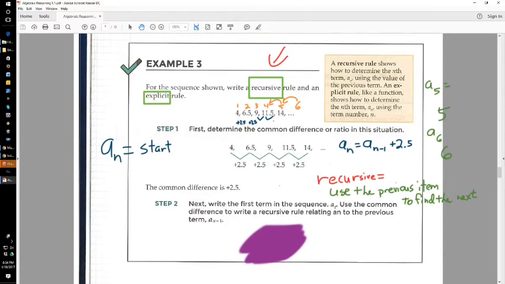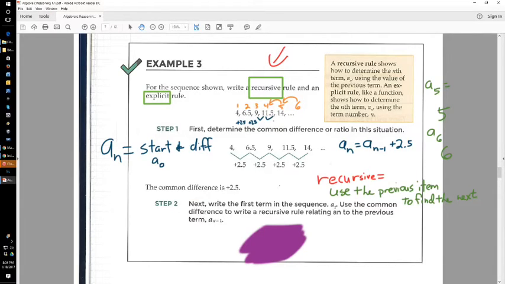That's the first thing we need to do. And we need to know the difference. We need to know where we start, and that would be a sub 0. That's where you start, and we need to know the difference.